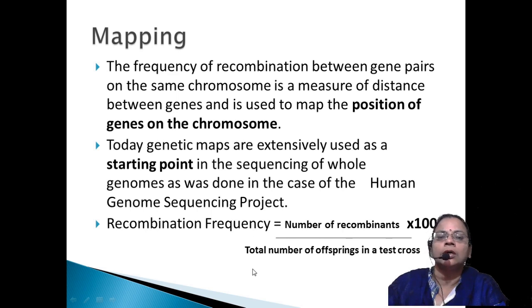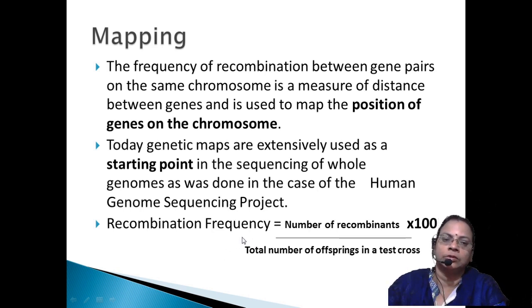Suppose 100 offspring were produced in a test cross. Out of that, 20 recombinants appeared, meaning 20 divided by 100 into 100, that is percentage. So we will get 20 percent.